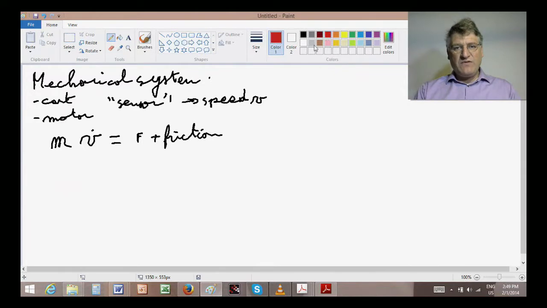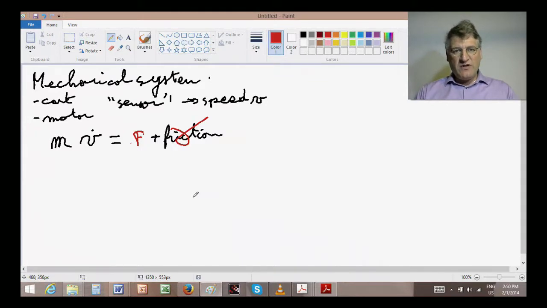Now, for the purpose of our analysis, we will remove not the force of the motor, my mistake, but the friction. So we keep the force and we remove the friction.